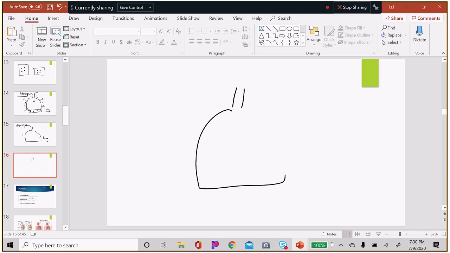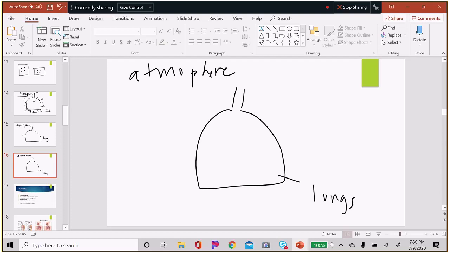When I need to blow the air out, I have to reverse what was going on before. Here's my lungs. I need the pressure in here to be up so that the air will be pushed out the opposite direction. And I can do that by changing the size of this cavity to make it smaller.